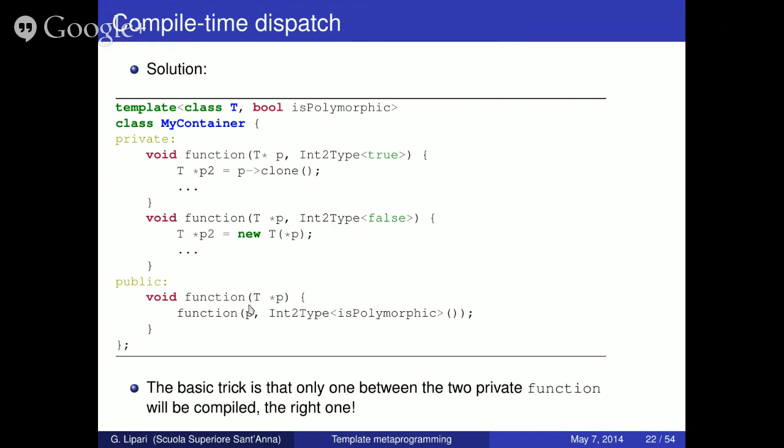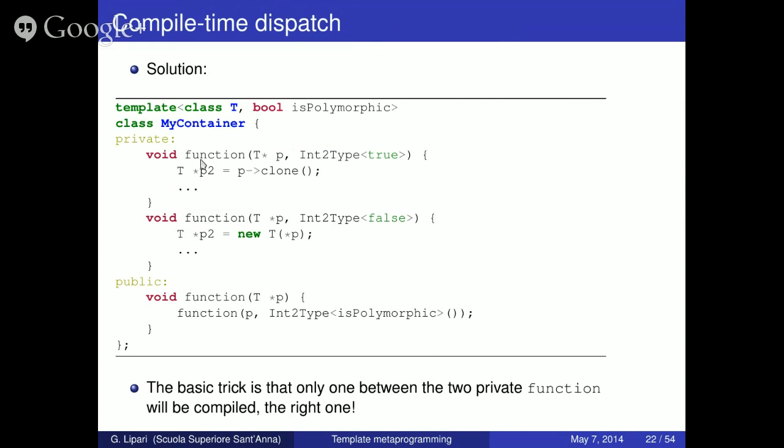And finally, the function that is exposed to the client for copy will just be translated into a call with int2type of is polymorphic, where is polymorphic is a compile time constant. Now, if is polymorphic is true, the first version is compiled and the second version is not compiled. If is polymorphic is false, the second version is compiled and the first version is not compiled.